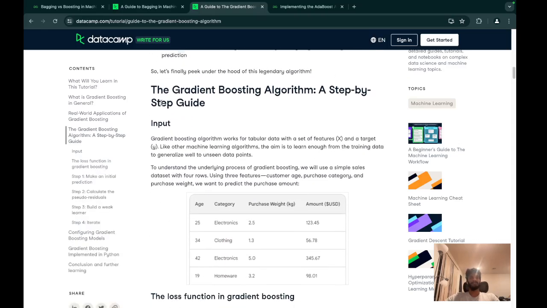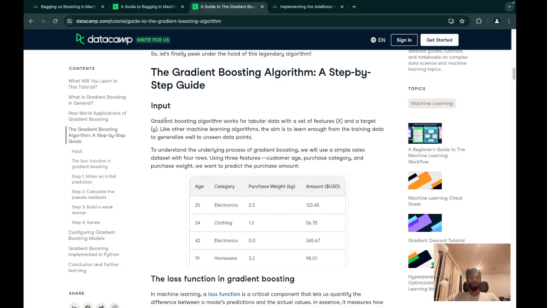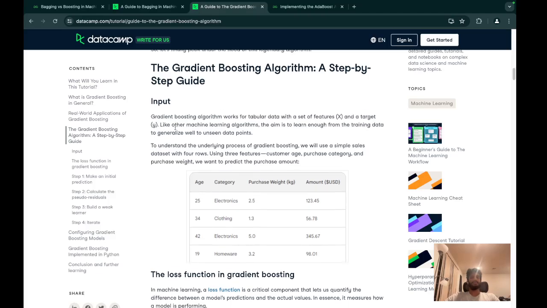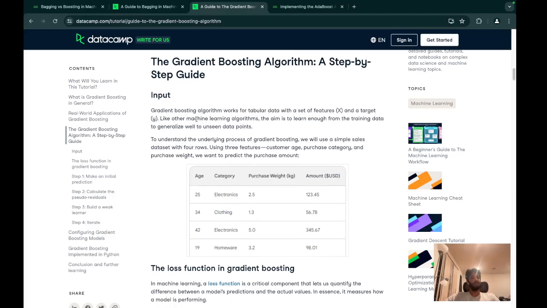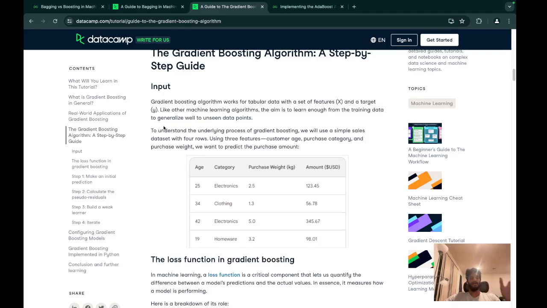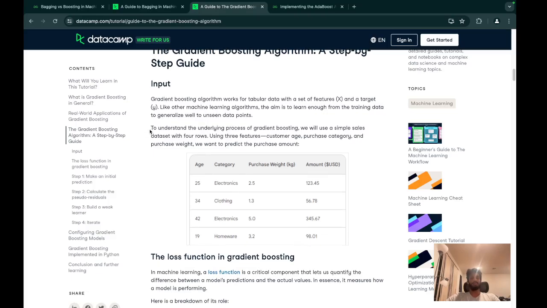The gradient boosting algorithm, step by step guide. Input: gradient boosting algorithms work for tabular data with a set of X features and a target Y. Like other machine learning algorithms, the aim is to learn enough from the training data set to generalize well to unseen data points.